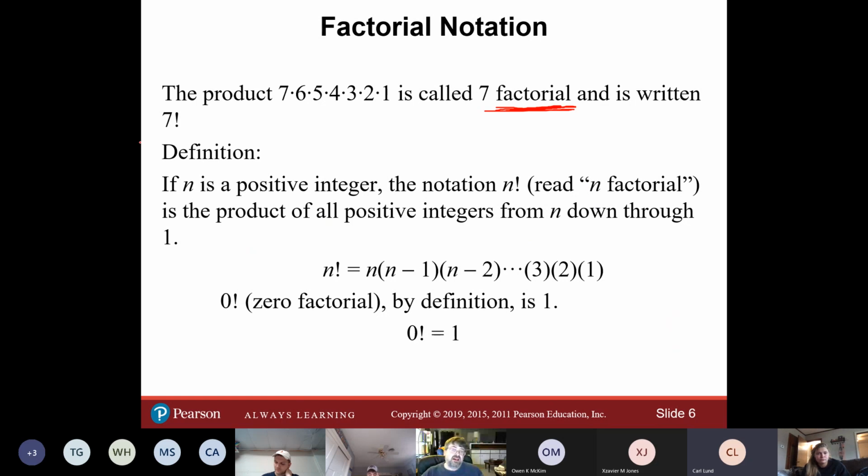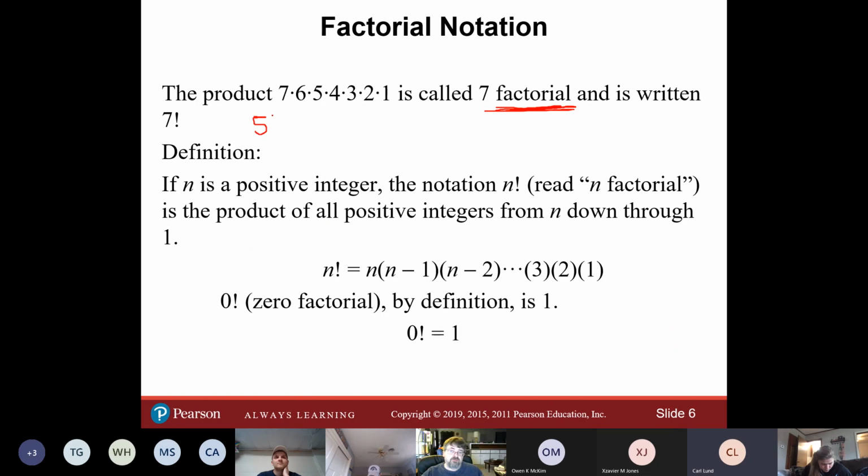When you see a number followed by an exclamation point, it means start with that number and multiply it by each number smaller than it, each integer smaller than it, down to and including 1.